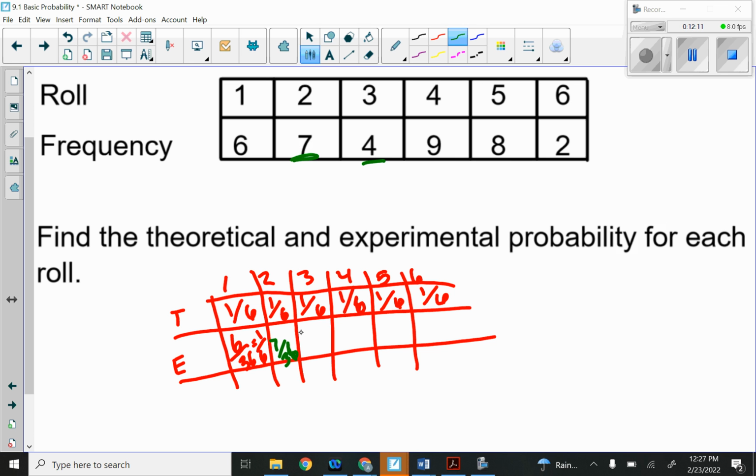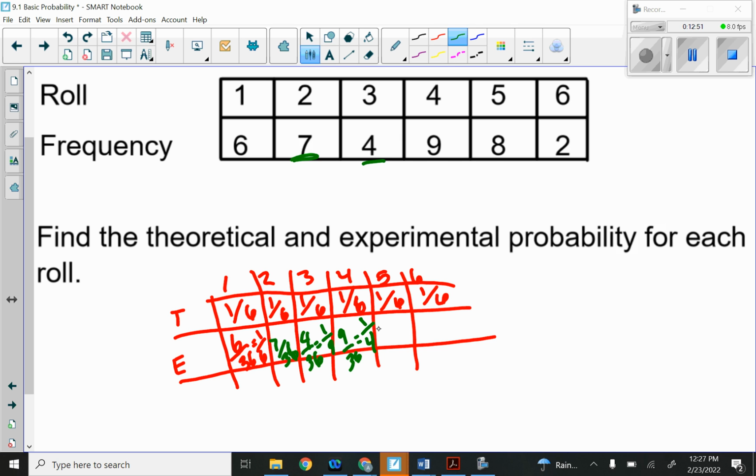I rolled a 3 4 out of 36 times, which is 1/9. I rolled a 4 9 out of 36 times, which is 1 out of 4.